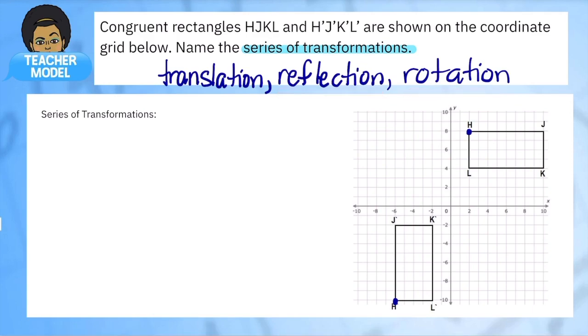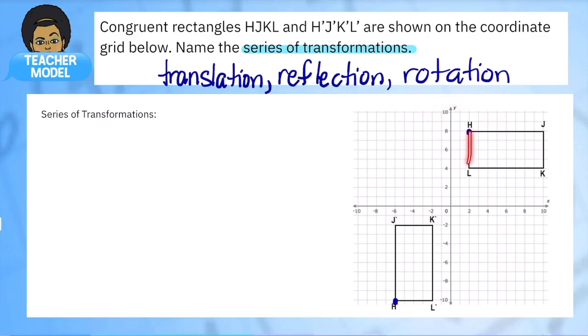So think about this. Would it make more sense to reflect it over here and have the same image? Would that make sense? And then do another change? Or should I rotate? And again, remember when we rotate in this way, it's going to be counterclockwise.